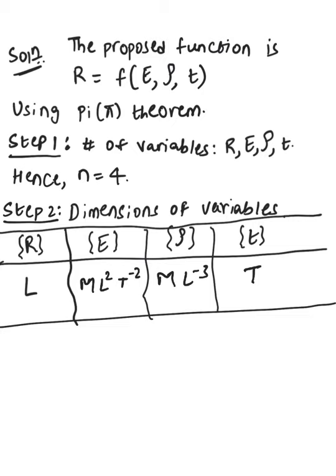Now let's move to step 3. Step 3 says find j: the initial guess j equals the number of different dimensions present, and look for j variables that do not form a pi product. If no luck, reduce j by 1 and look again. With practice, you will find j rapidly.